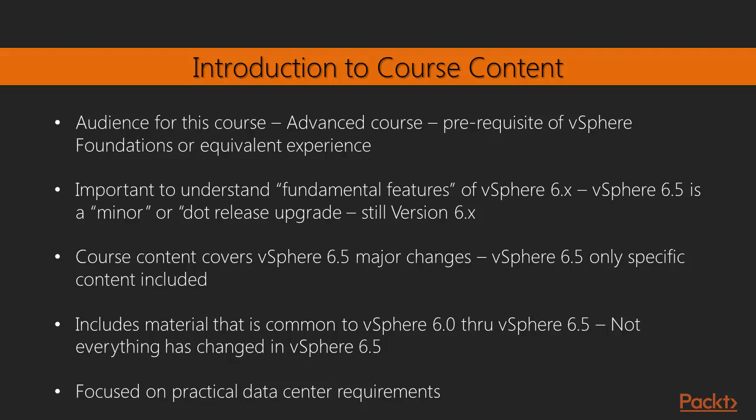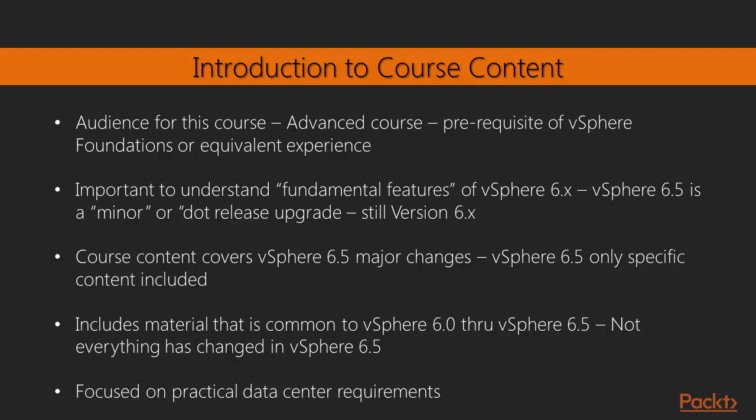A second important point to understand is that vSphere 6.5 is a minor or dot release upgrade, but it is still version 6.x. When vSphere was released, it was version 6.0. There were some updates, up to vSphere 6.0 update 2, and then vSphere 6.5 was released in late October of 2016.